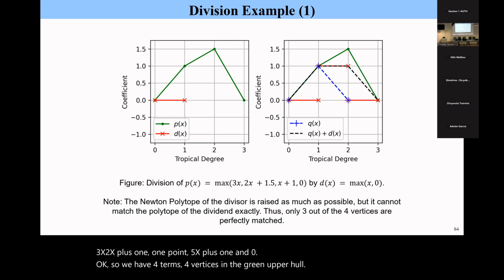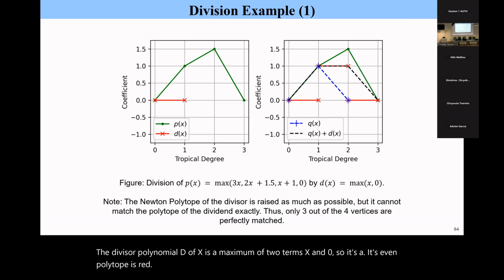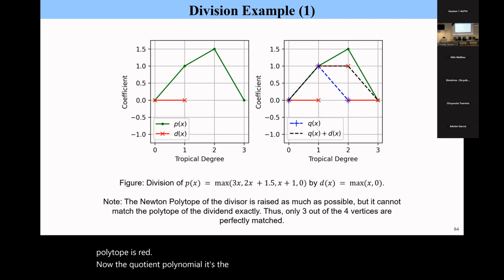The divisor polynomial D of x is a maximum of two terms, x and 0. So its Newton polytope is this red shape. Now, the quotient polynomial is the maximum of 0, x plus 1, and 2x.